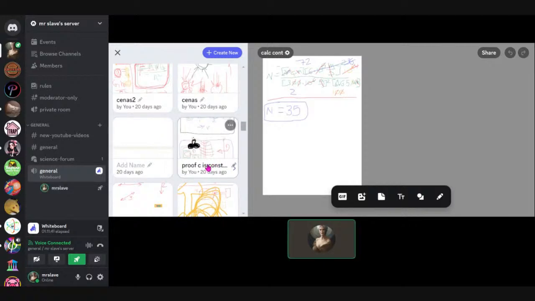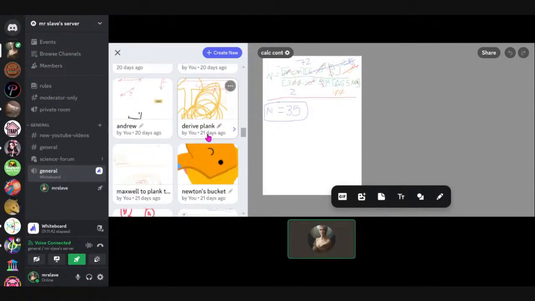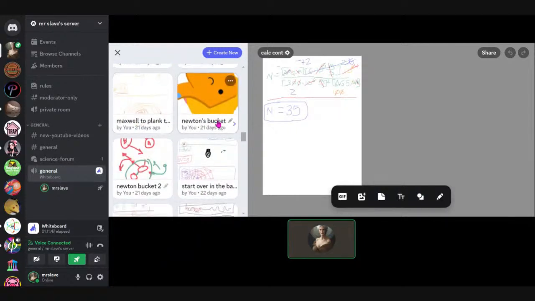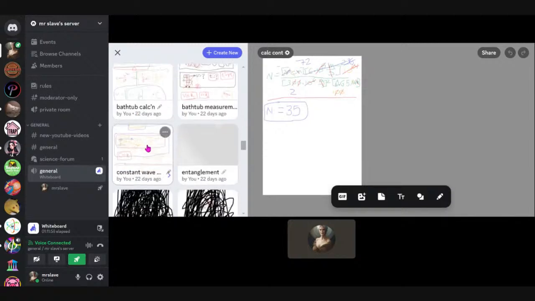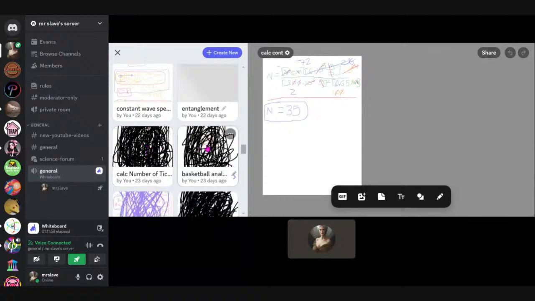Proof of what? Constant speed of light. Derive Planck. Andrew, Maxwell, Newton, start over. Bathtub. This one. Calculate the number of ticks.